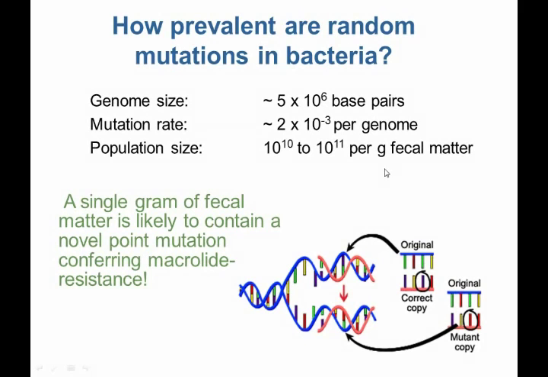Well, you don't want to think about fecal matter, but in 1 gram of fecal matter, there's 10 to the 10th to 10 to the 11th cells. So essentially, in that 1 gram of fecal matter, it's likely to contain a novel point mutation conferring macrolide resistance, just from random change. And so just essentially changing one of these base pairs to something else, if it's in the correct location.